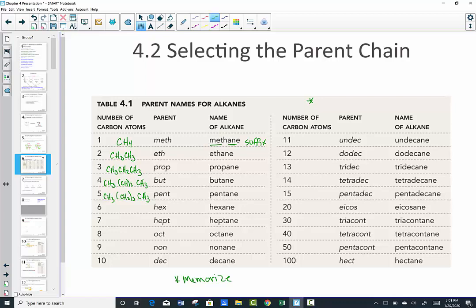Methane, ethane, propane, butane, pentane, hexane, heptane, octane, nonane, decane. Those are the first 10 alkanes representing the prefix to let you know how many carbons and the suffix ane to let you know these are saturated, all sigma bonds, no pi bonds in these structures at all.